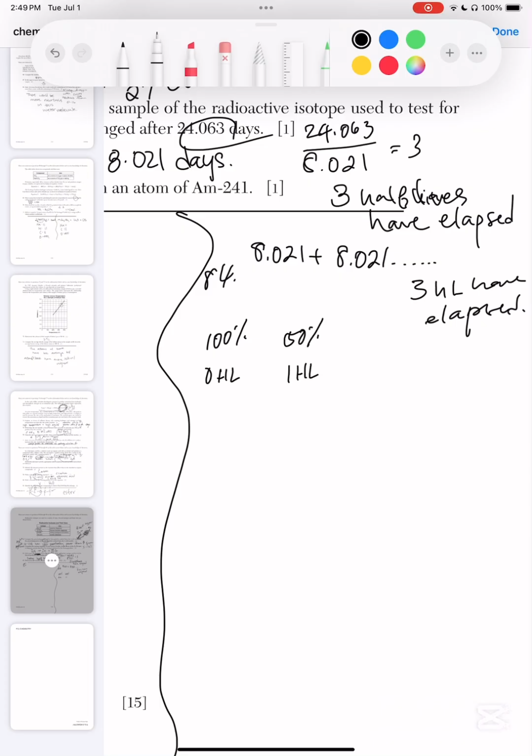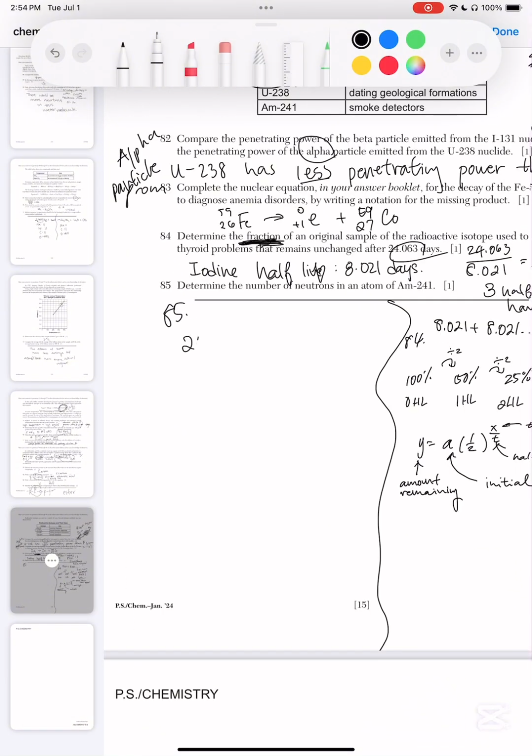And after 1 half-life, you have 50. You just divide by 2, right? Because you're taking half away every half-life. Then 25 at 2 half-lives. And then you would have 12.5 at 3 half-lives. So, I think this is probably the easier way to do it when you don't have a lot of half-lives.